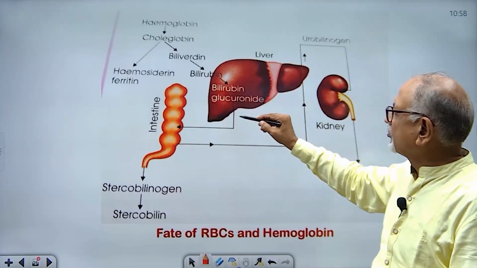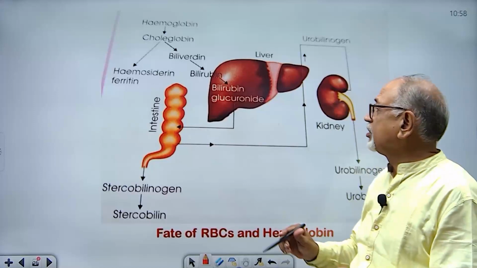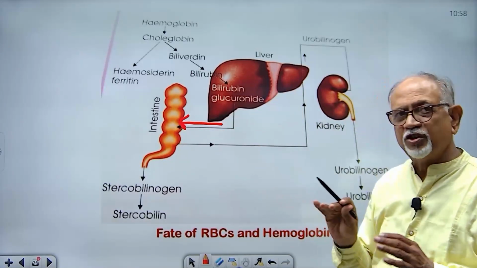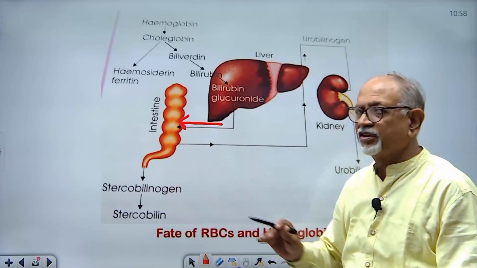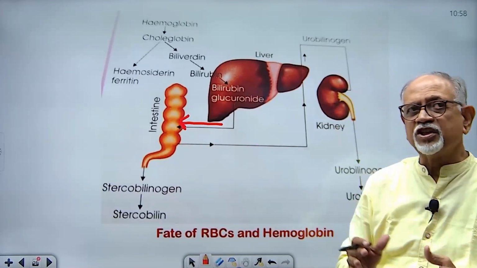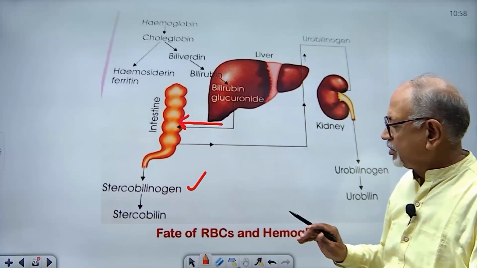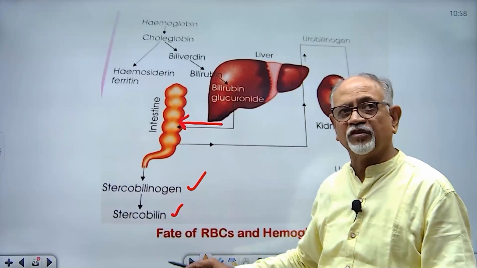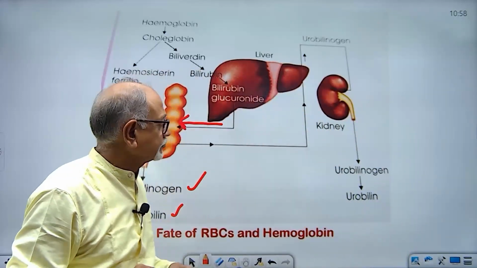These two pigments are separated in the liver as bile juice, and this bile juice is sent to the small intestine, that is the duodenum, and from the duodenum it is passed into the large intestine, where by bacterial action it is converted into stercobilinogen first, then stercobilin, and this is responsible for the brown color of feces.